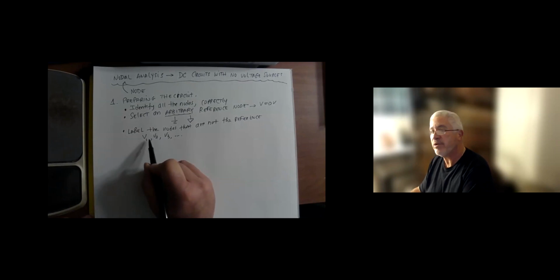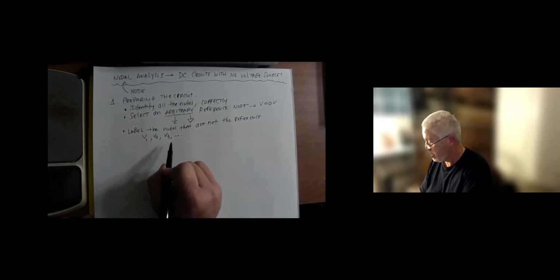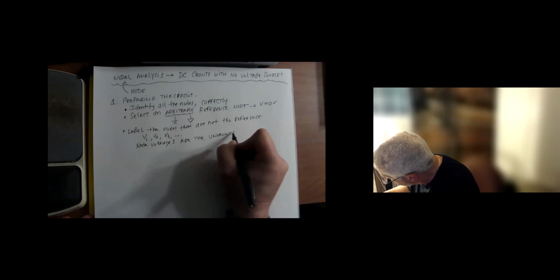Make sure that there is not a V1 in the circuit already or V2, no duplicates. These are unique labels for the nodes. So key point here, node voltages are the unknowns in the problem.